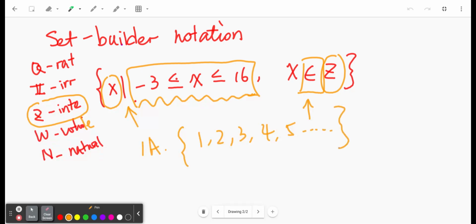How can you use the notation to write this set of numbers? So first, we need our bracket right there, right? We start with x. X is any type of number, and then you draw a line. This is the starting point. Then let's look at the range of x.